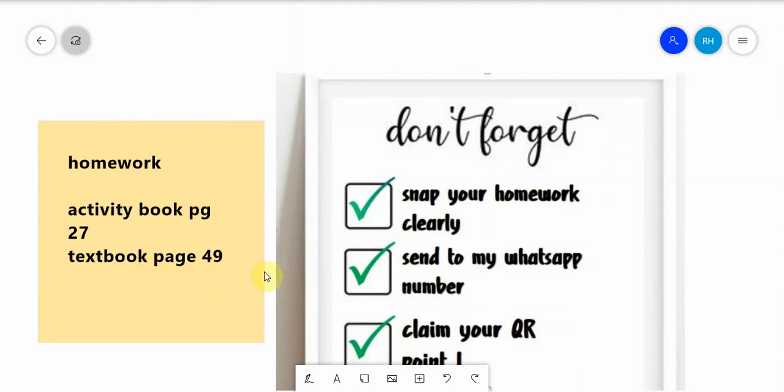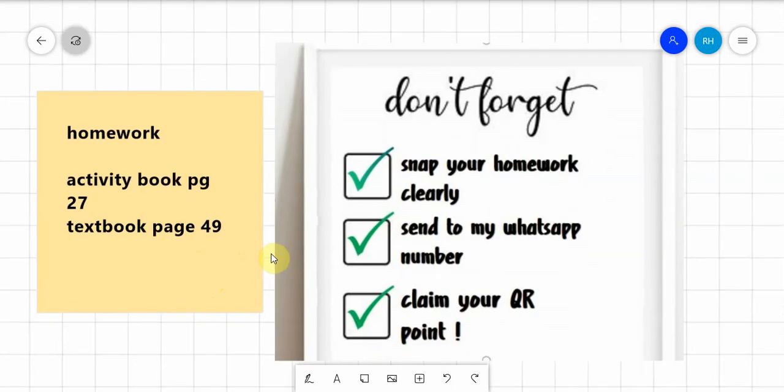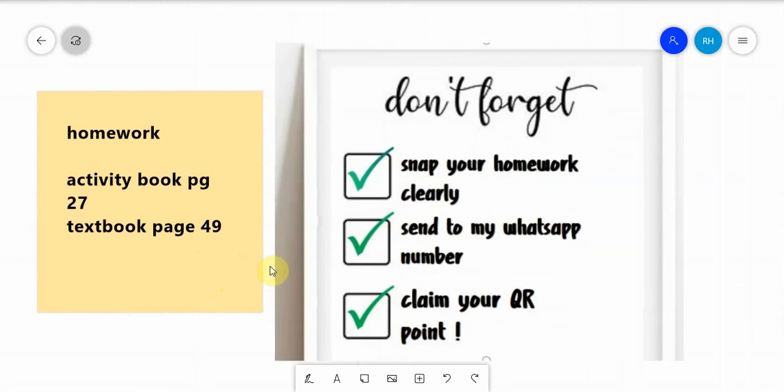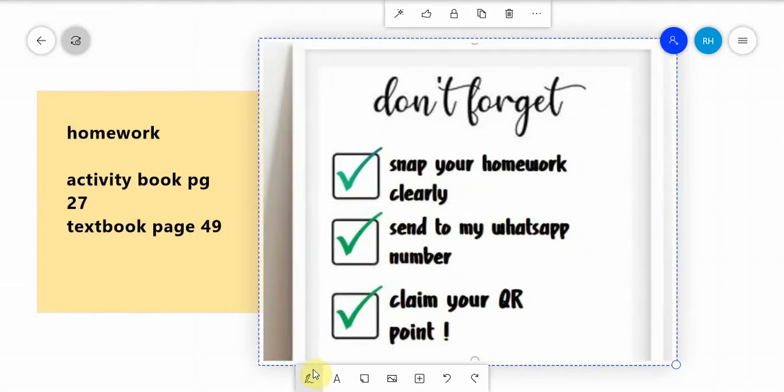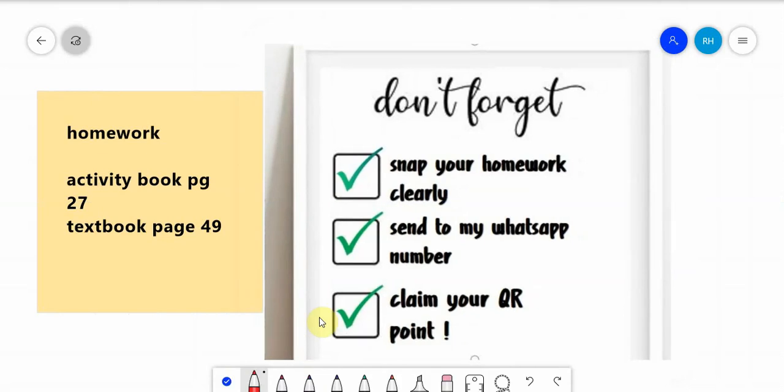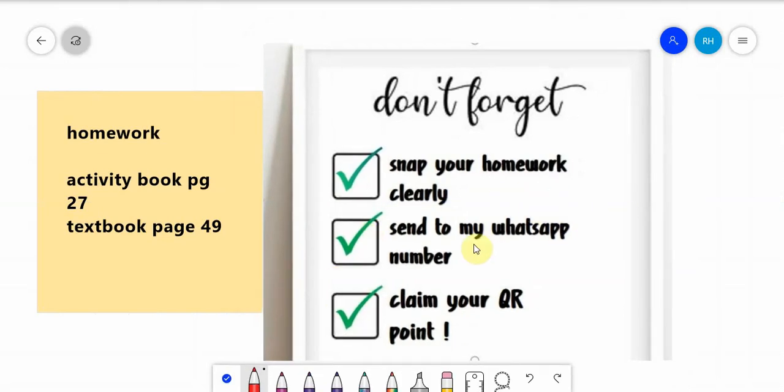I'm going to put the pages on the Google Classroom so you can refer to the homework there. Don't forget, after you have finished your homework, please snap your homework clearly and then send it to my WhatsApp number, and after that I'm going to give you your QR point.